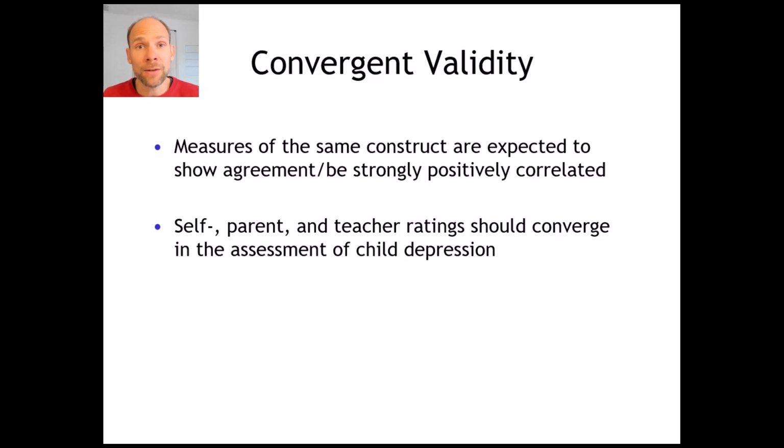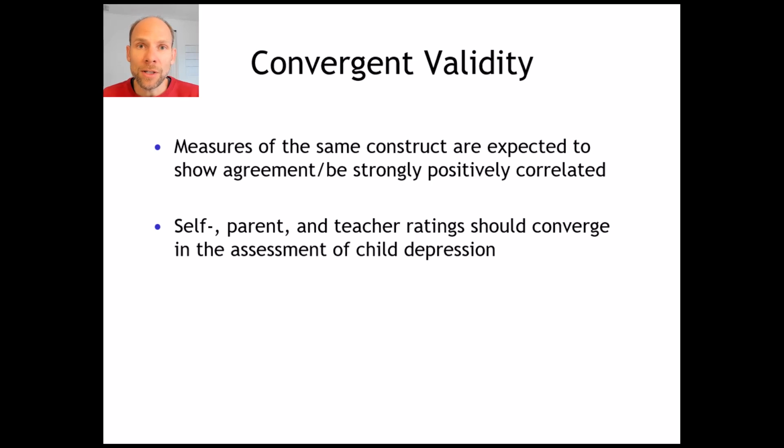And ideally, those relationships should be close to 1.0 in terms of a correlation coefficient for the overall scale scores, so that we could say those measure the same thing. They measure, hopefully, depression.